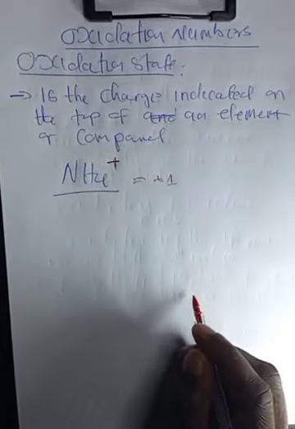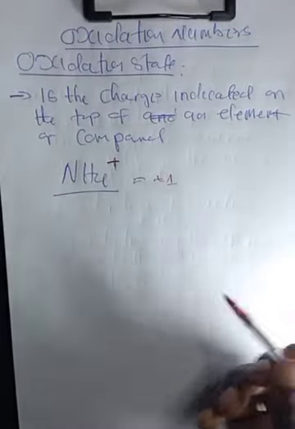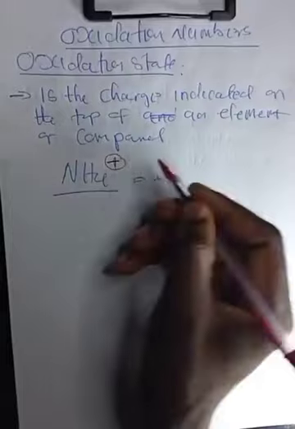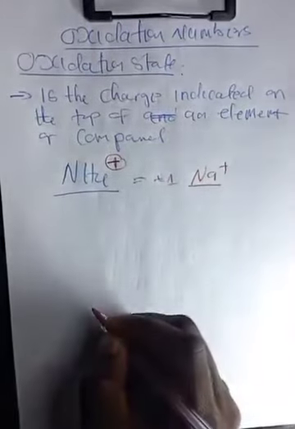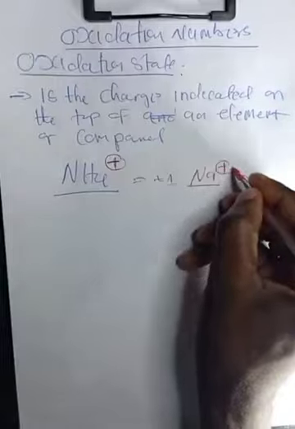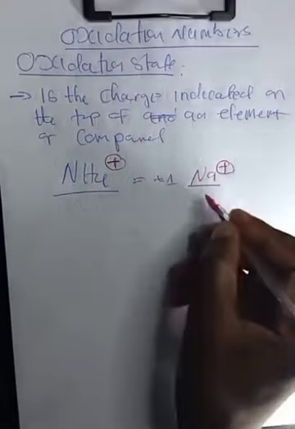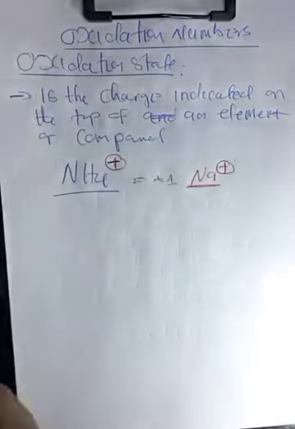So when you say oxidation number or oxidation state, we mean the charge which is found on top of the element. For example, sodium ion has a +1 there, meaning the oxidation number of sodium ion is positive 1.